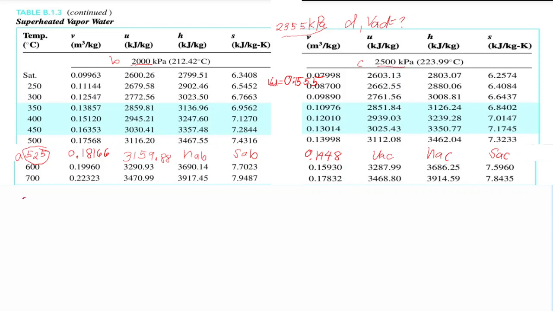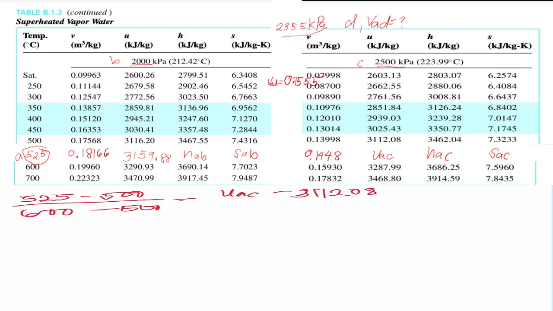So we have 525 minus 500 over 600 minus 500 is equals to UAC minus 3112.08 over 3287.99 minus 3112.08.